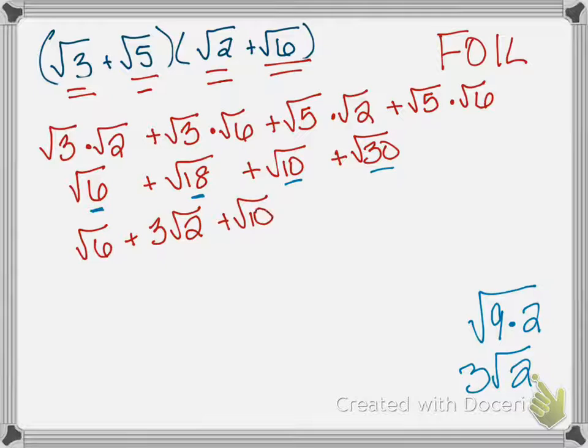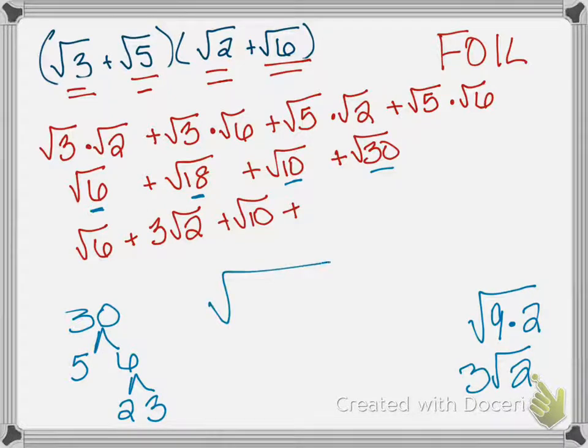What about square root of 30? What does square root of 30 break down to? It's got to be a perfect square factor. Okay, is 6 or 5 perfect? No. Okay, and if we're not sure, we're going to do a factor tree for 30. Okay, so 5 and 6, 2 and 3.